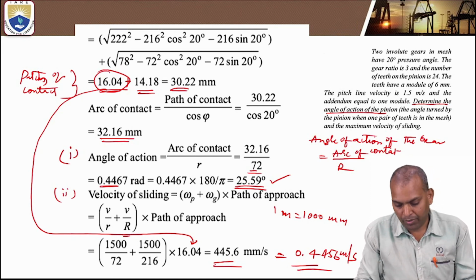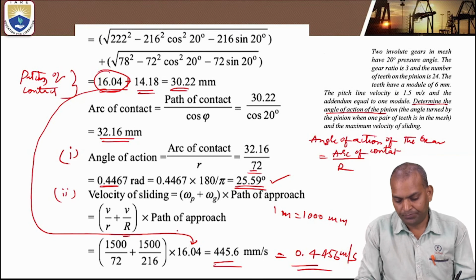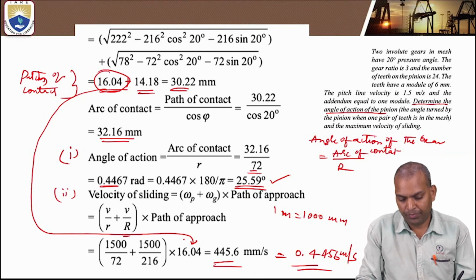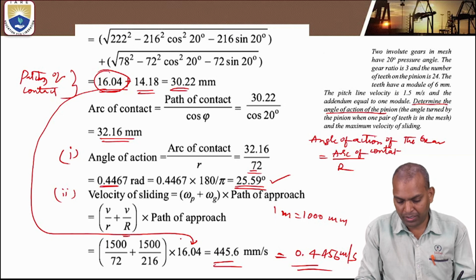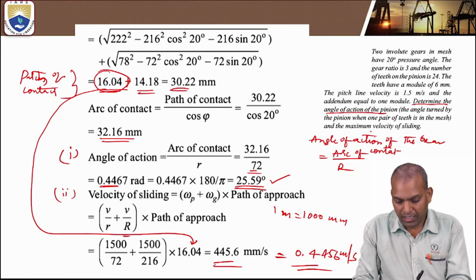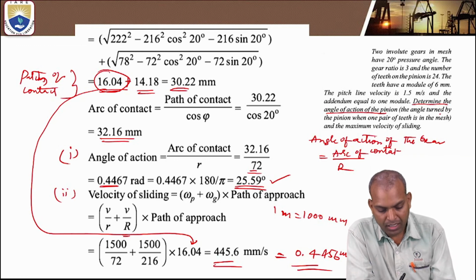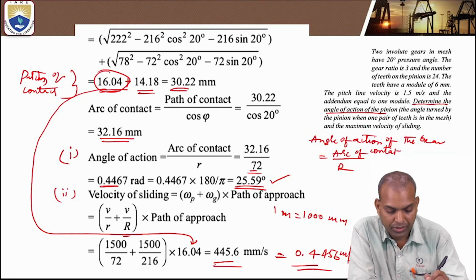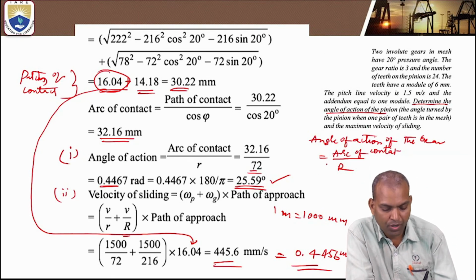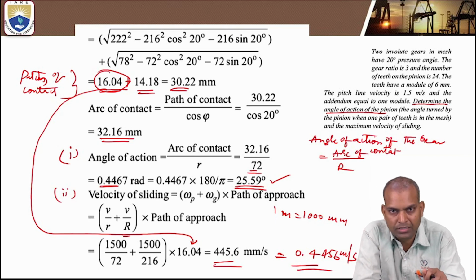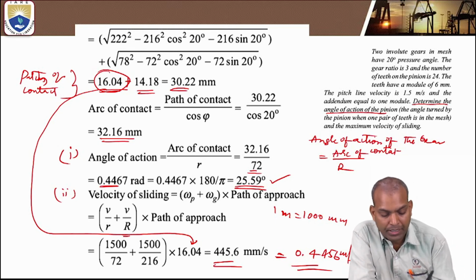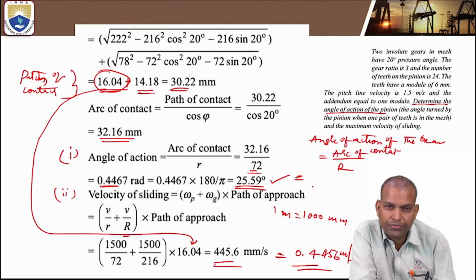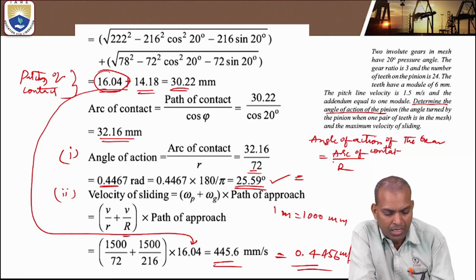Suppose the same problem is given with the data changed, where the pitch line velocity is 1.5 meters per second and it asks for the angle of action of the pinion. If it asks for the angle of action of the gear, then the formula becomes arc of contact by capital R, the pitch circle radius of the gear.